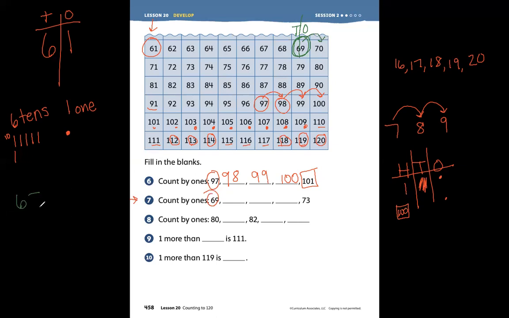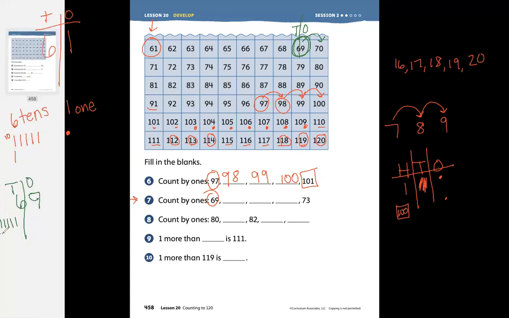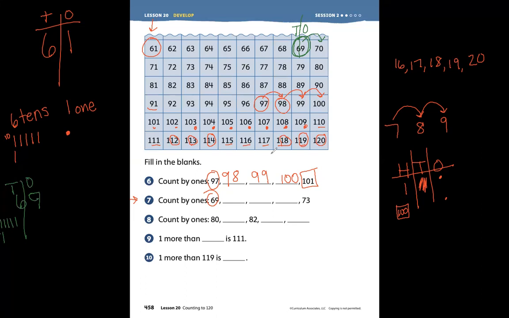So let's draw the number 69 over here. You can get your whiteboard out and draw 69. It has tens and ones. There are 6 tens: 1, 2, 3, 4, 5, new line, 6 tens and 9 ones. 1 one, 2 ones, 3 ones, 4 ones, 5 ones, new line, 6 ones, 7 ones, 8 ones, 9 ones.